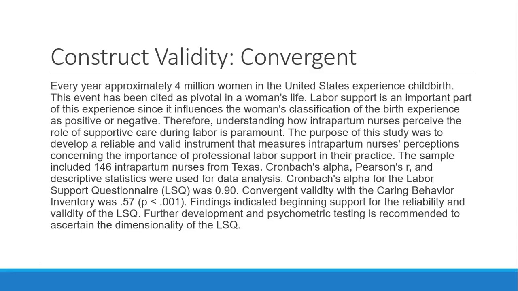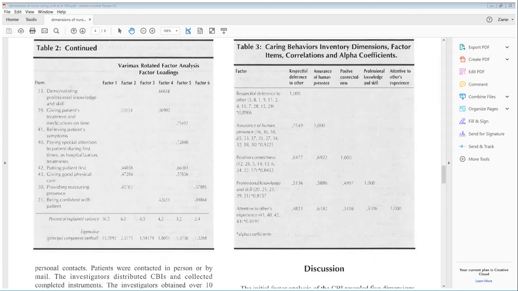Here's an example from a screenshot on the article on the Caring Behaviors Inventory 42 that was published in Image, the Journal of Nursing Scholarship, where you can see that a Varimax factor analysis was run, and that you can see that the factors are listed on the horizontal, and essentially then see where the factors fell out.